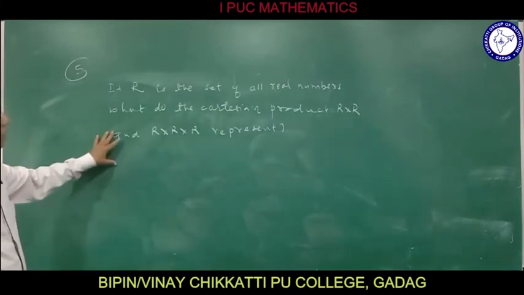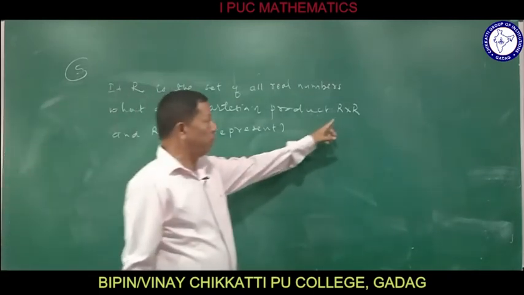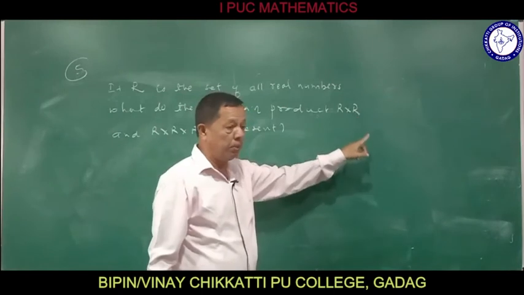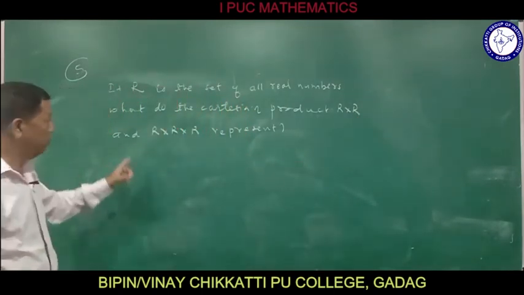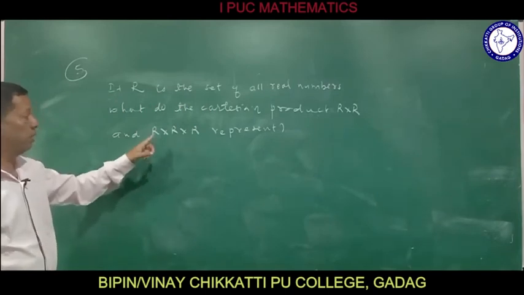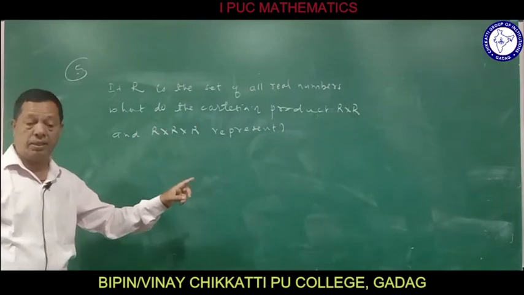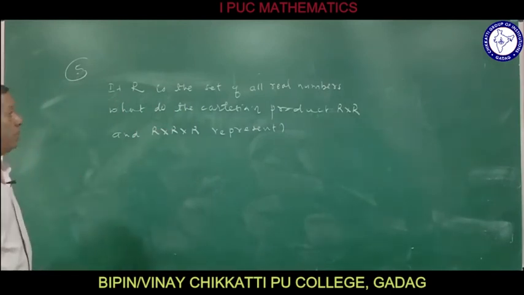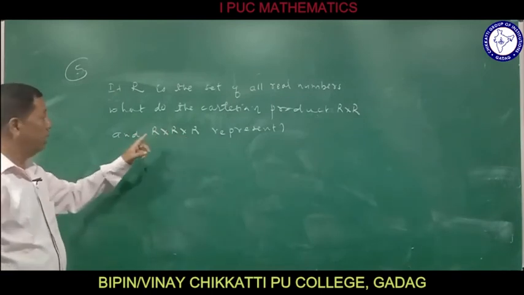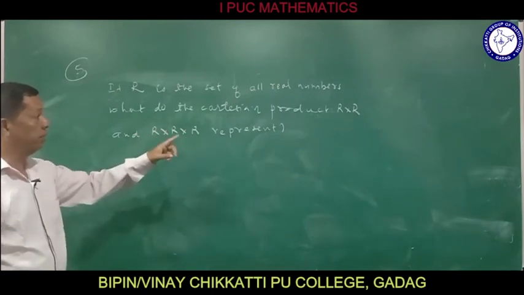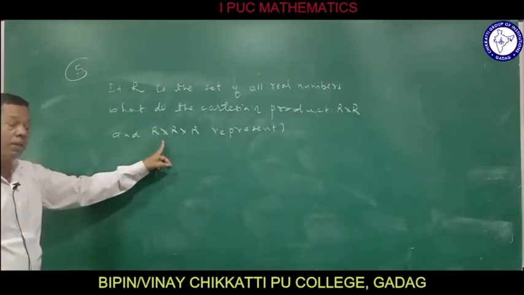So here you have to write the answer that the Cartesian product R cross R represents the point in a plane. Cartesian product R cross R cross R represents the point in the space. That's the only difference. Once again, R cross R represents the point in the plane, and R cross R cross R represents the point in the space.